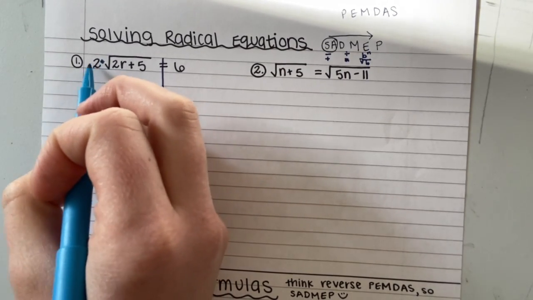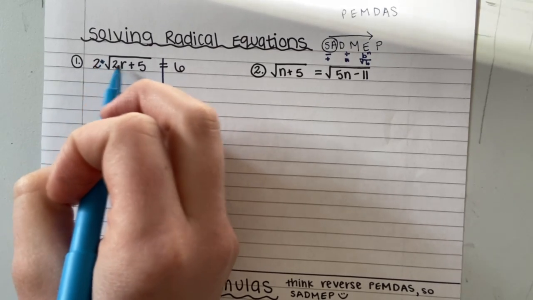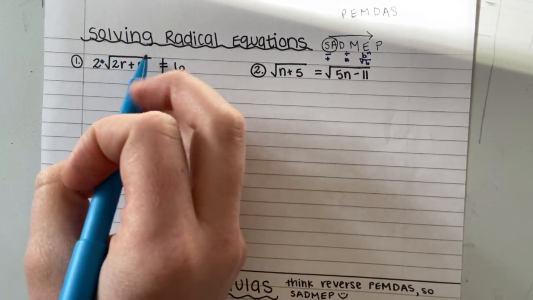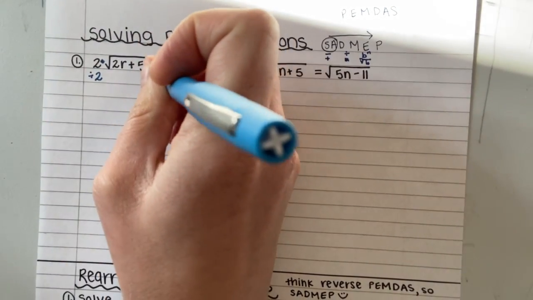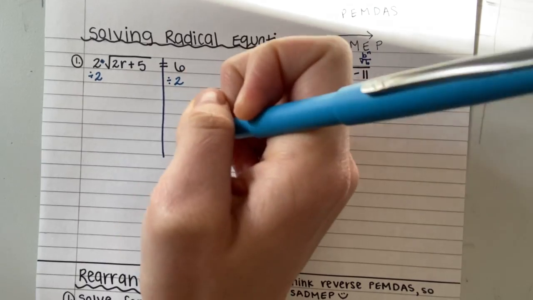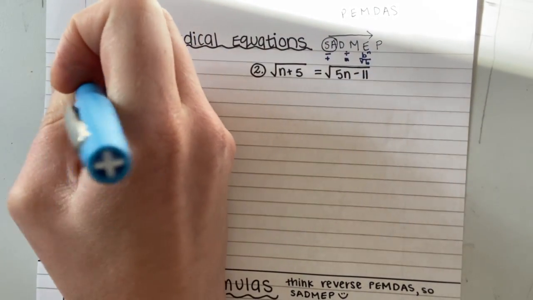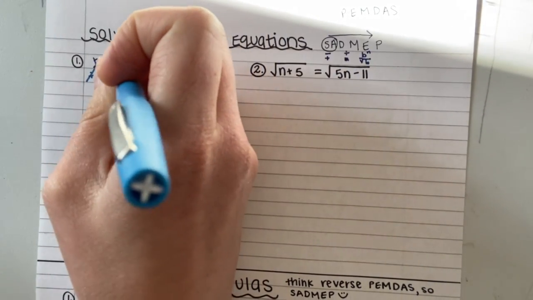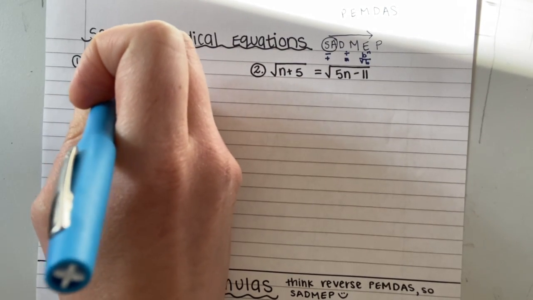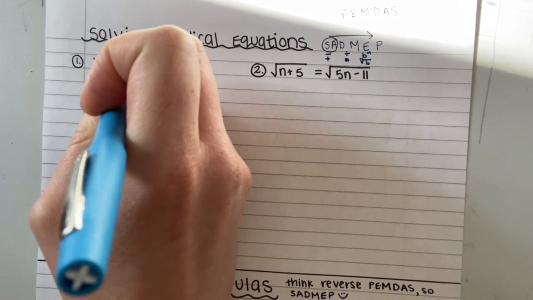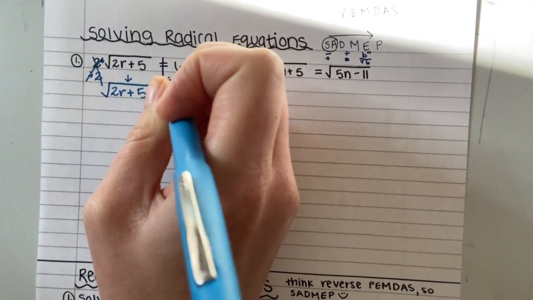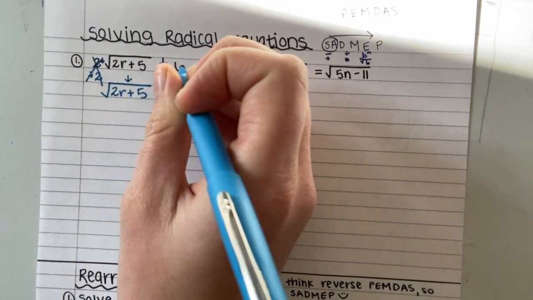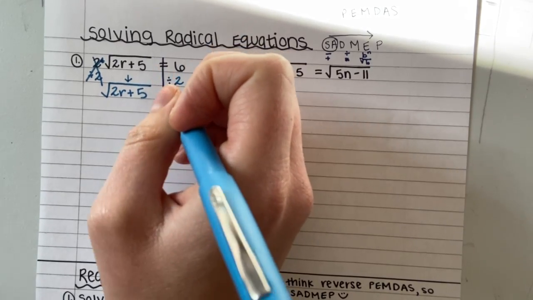So in order to get rid of this times 2 beside our square root sign, I'm going to divide by 2. If I do that to one side, I need to do it to the other. Those 2's cancel out, and I'm going to bring down my square root of 2r plus 5. And this is going to be equal to 3, because 6 divided by 2 is 3.